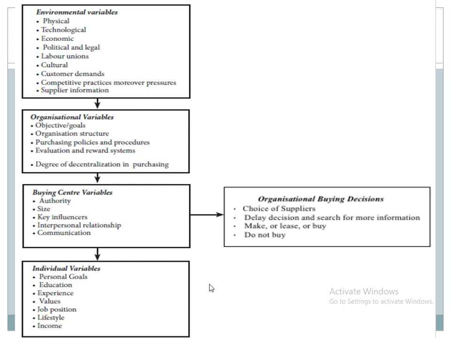However, this particular model is weak in explaining the specific influence of the key variables. That is, what is the exact effect of buying center variables on organization buying behavior, or what is the impact of environmental variables on organization buying behavior. Such type of direct impact measurement is not specified in this particular model.